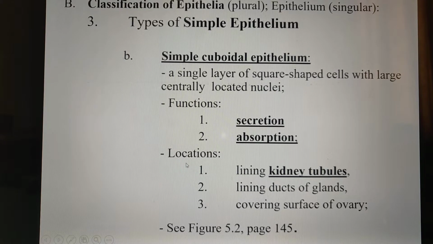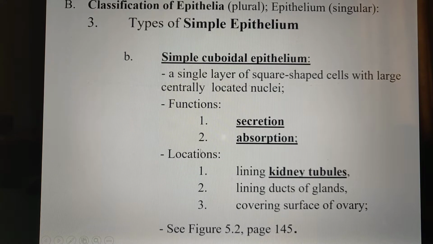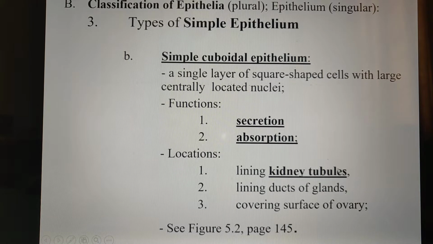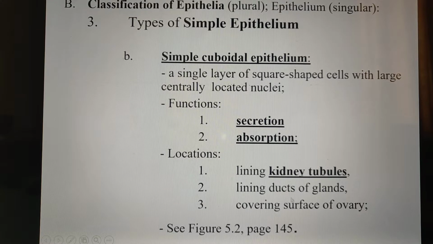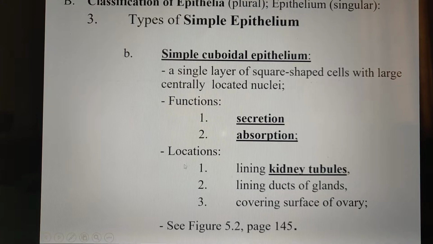The locations of the simple cuboidal epithelium: it lines the kidney tubules, mainly the PCT and DCT, lines the ducts of glands, mainly the thyroid gland, and covers the surface of the ovary.